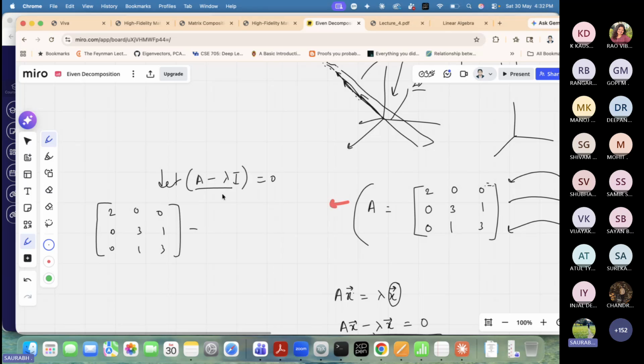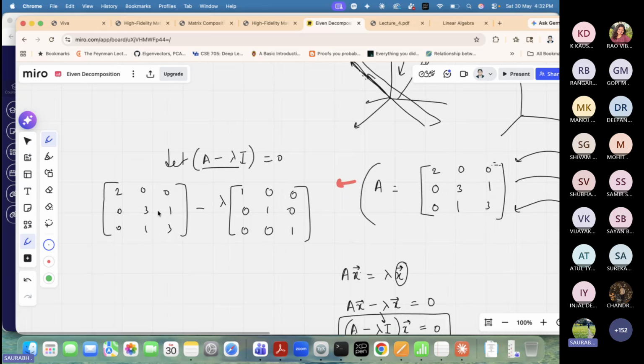This is A, and then you have lambda times I. Identity would be a 3 cross 3 matrix, which has diagonal elements as 1, and above it and below it, everything is 0. Now you have A minus lambda I.